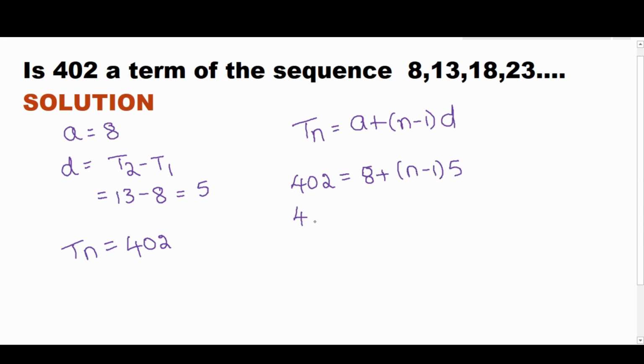So 402 is equal to 8 plus 5n minus 5. So 8 minus 5 we get 3, and I shift that 3 to this side. I get minus 3, which is equal to 5n.